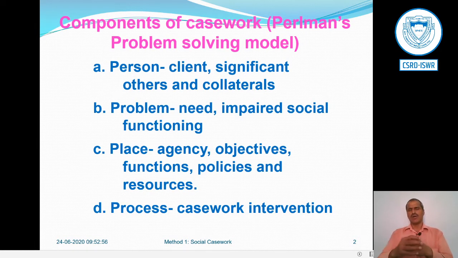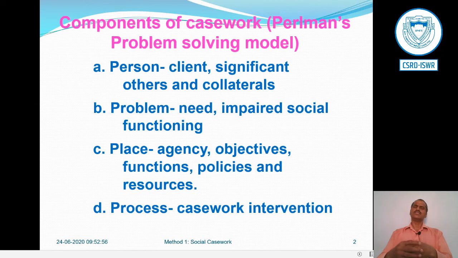Now the fourth component is the process. This is the most important part of social casework. The other three Ps, person, problem, place, which include the social worker, form the background information, the context of the casework, and the casework actually means the casework intervention, the treatment, the real help, the casework process, prakriya.